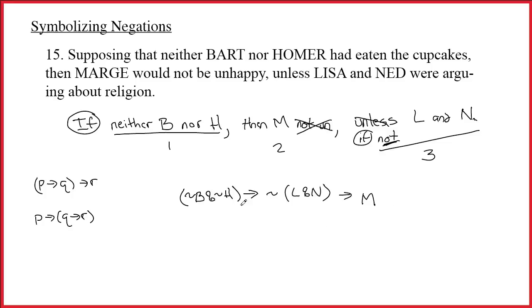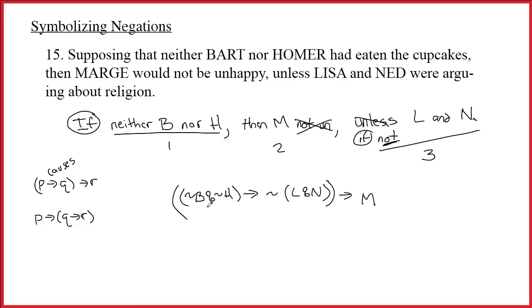So here is the correct symbolization, but now we have to decide where to put the parentheses. If we put the parentheses around the front like this, to check it, we want to use our intuitions and read the first arrow as causes.